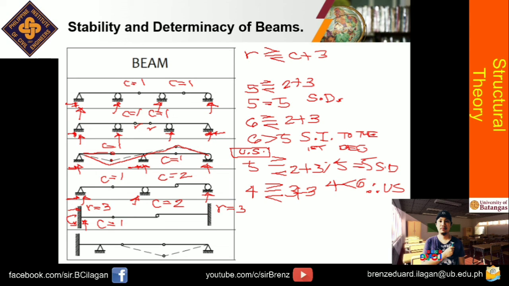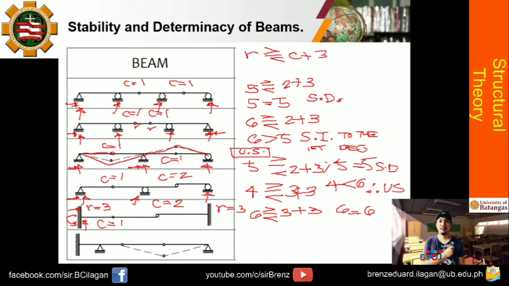So the number of reaction, so 3 plus 3 equals to 6. Greater than or equals or less than, so 1 plus 2, or that is 3 plus 3, or we're going to solve that, so that is 6 equals to 6, and that is under the category of stable and terminate. So that is statically terminate, or SD.